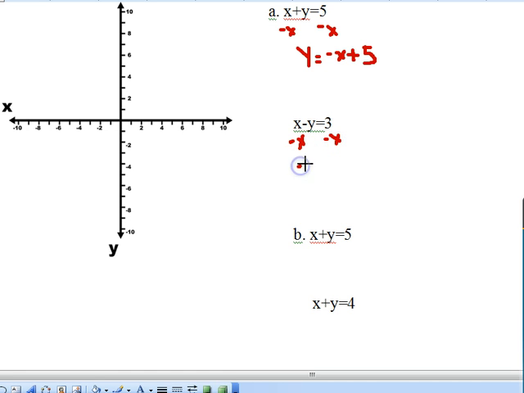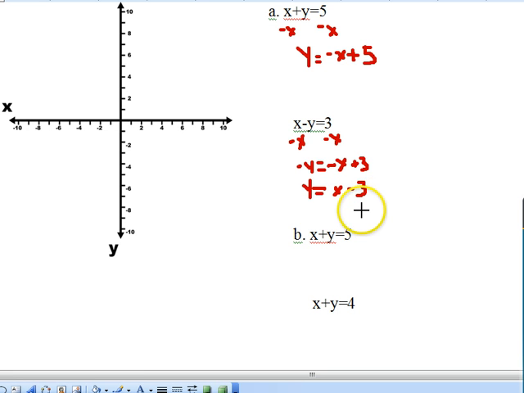And we get the opposite of y is equal to negative x plus 3. So we just need to change the sign so we can find out what y is equal to, because we don't want a negative y. So if we change the signs, we get y is equal to x minus 3.